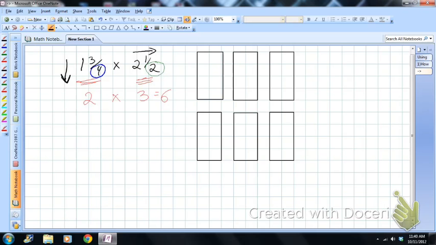All right, so there are my 6 rectangles. I have 6 rectangles that are 4 units tall, 1, 2, 3, 4, and they all are 2 units wide, 1, 2. Let's look at another example.